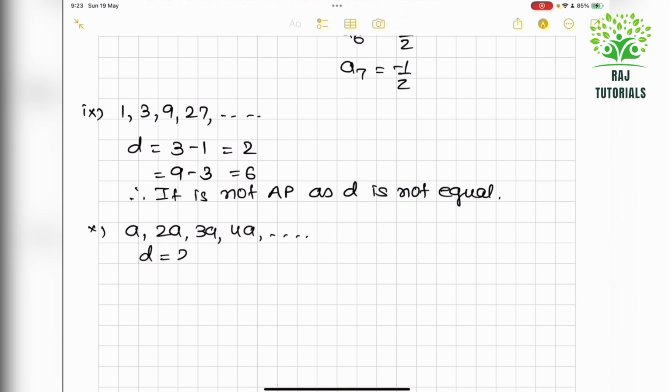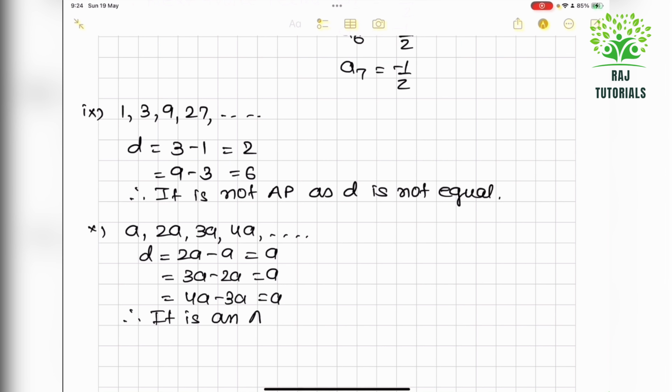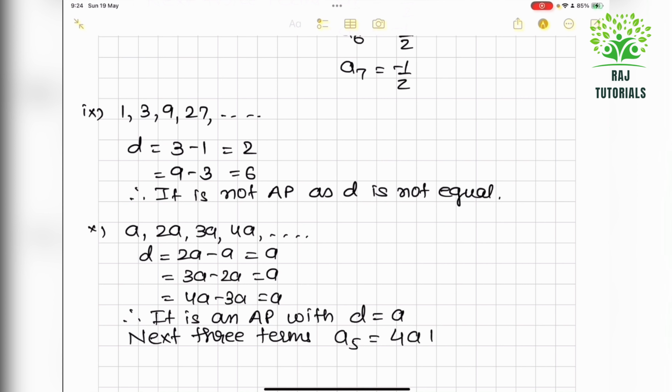So here D will be 2A minus A, that is A, 3A minus 2A, that is A, 4A minus 3A, that is A. Therefore it is an AP with D equal to A. Next three terms: A5 will be 4A plus A, that is 5A.